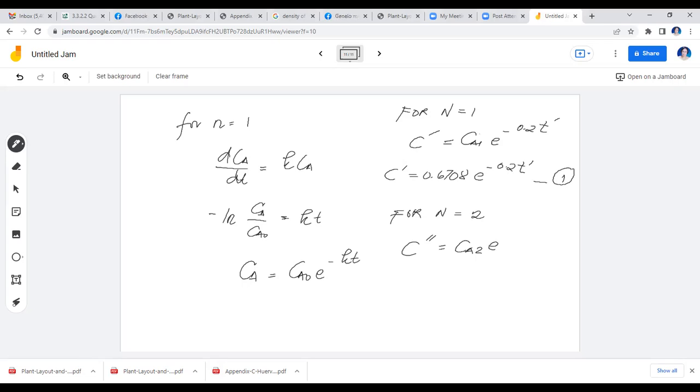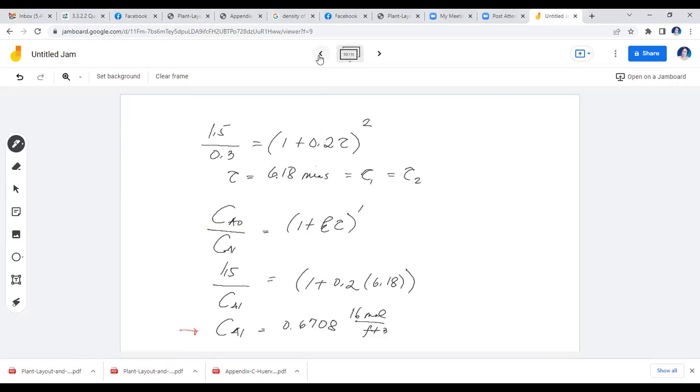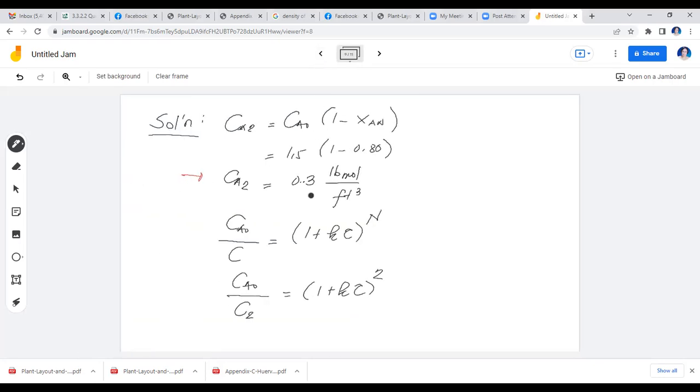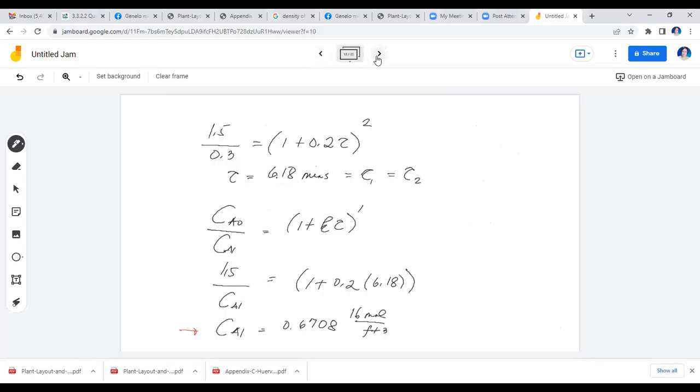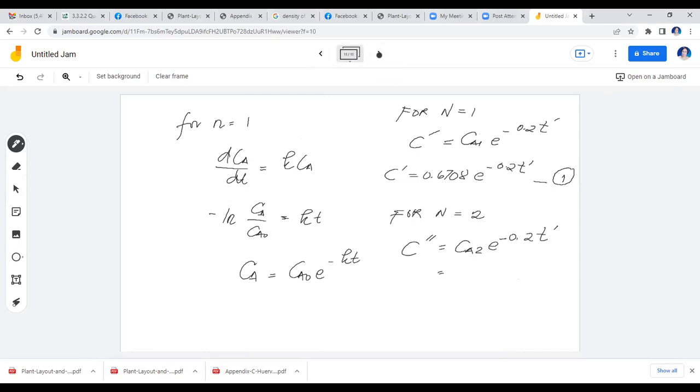So this is E raised to negative 0.2 and this is still T prime. If I substitute now the Ca2, that's 0.3, you will have here 0.3 E raised to negative 0.2 T prime.